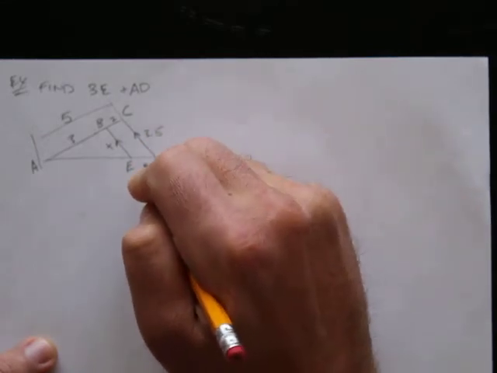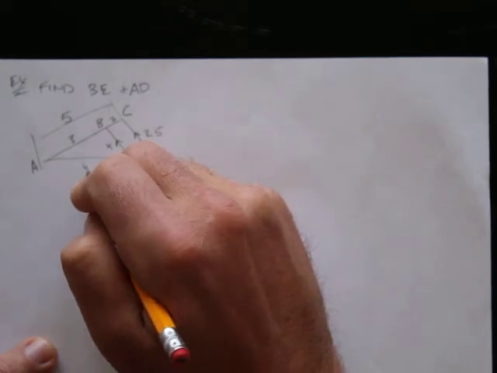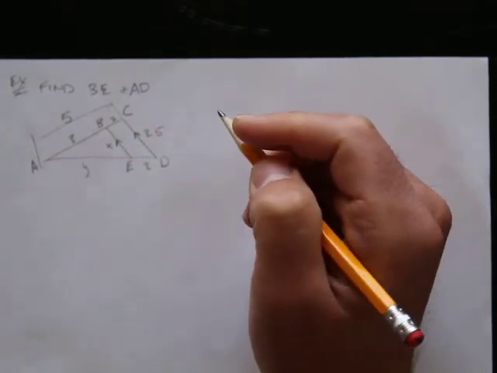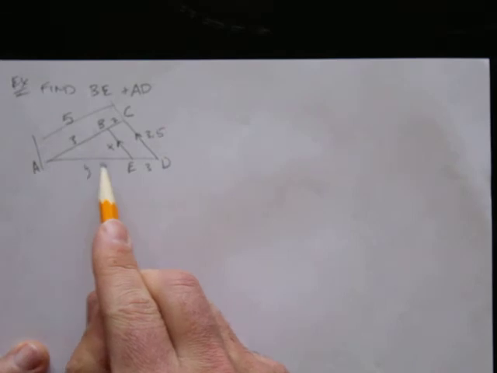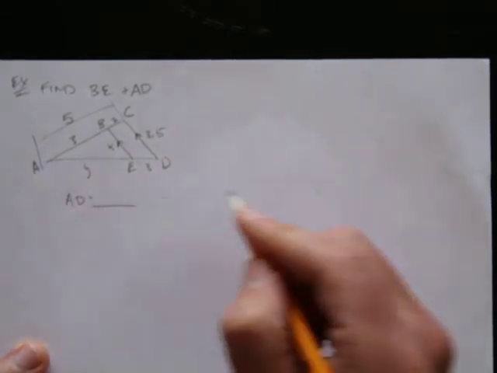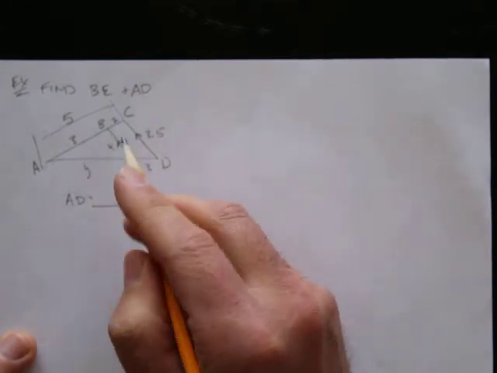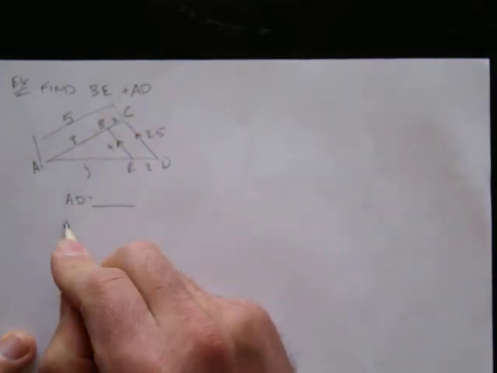ED is 3. And AE is Y. So I want to know what this whole length is here, AD, and I want to know what this length is here, BE.